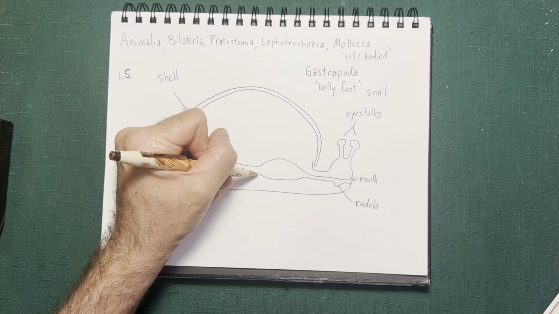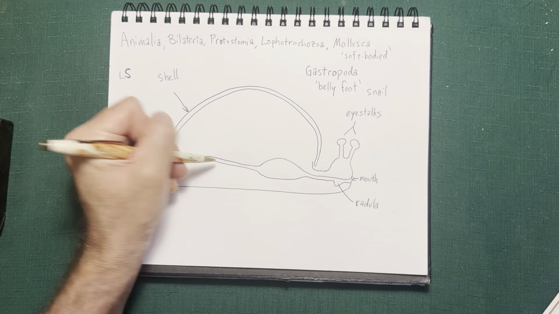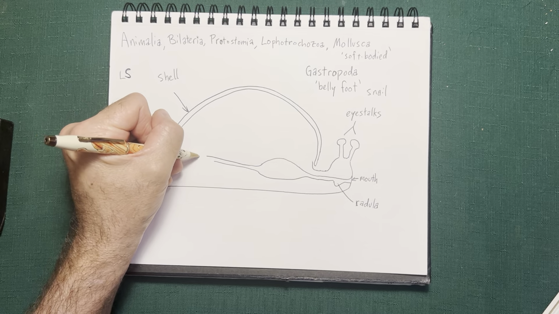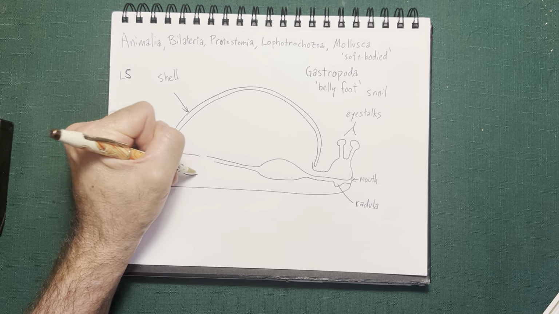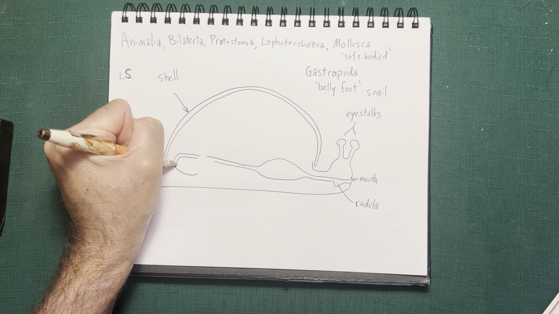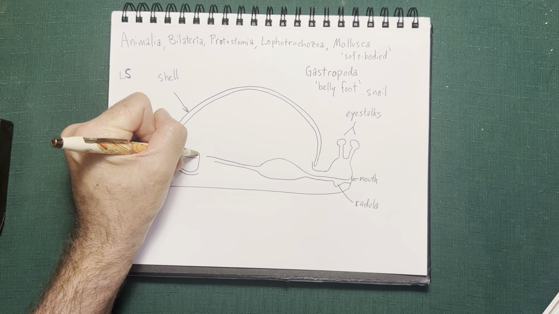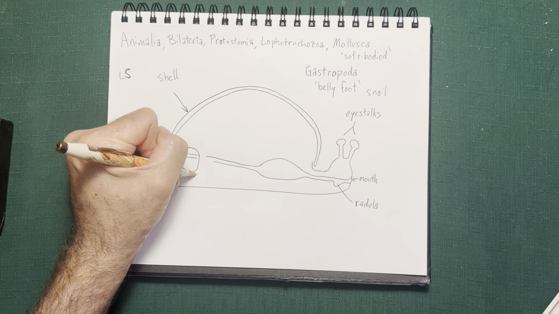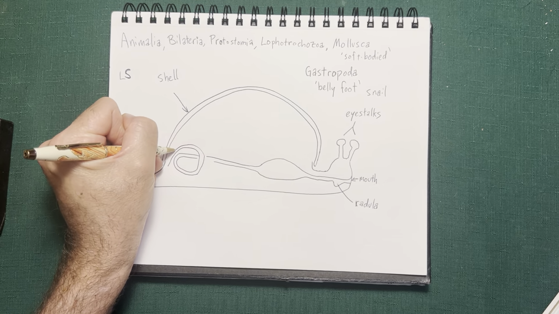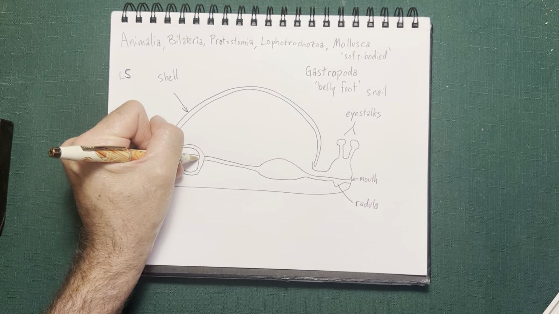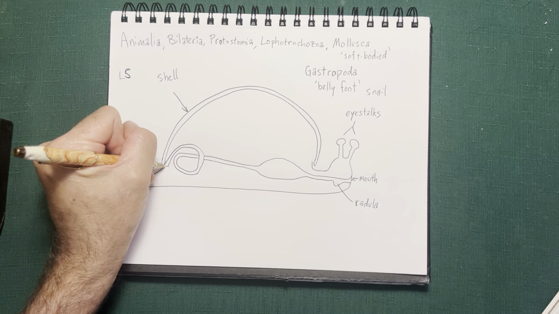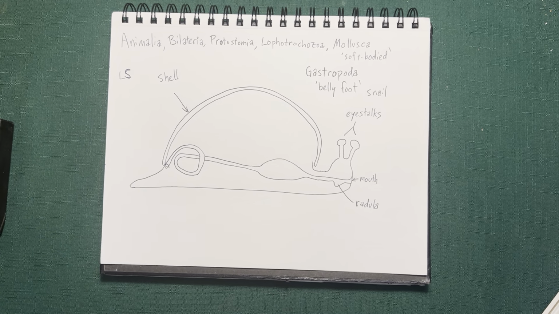Okay. I'm going to leave a little spot there, and so we can have our intestine. It doesn't just make one perfect loop-de-loop like that, but hey, one loop-de-loop is okay.